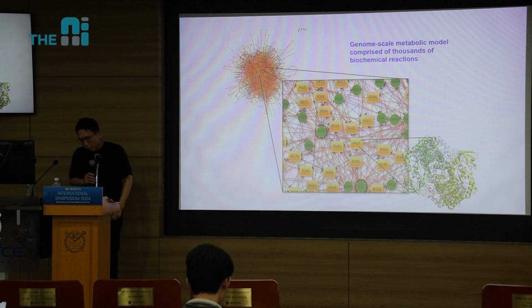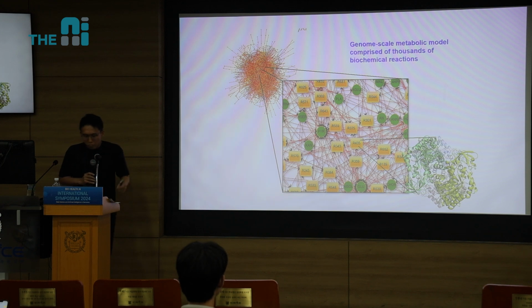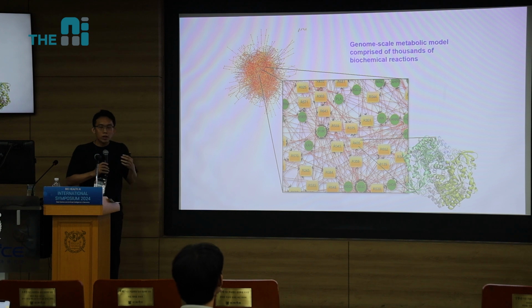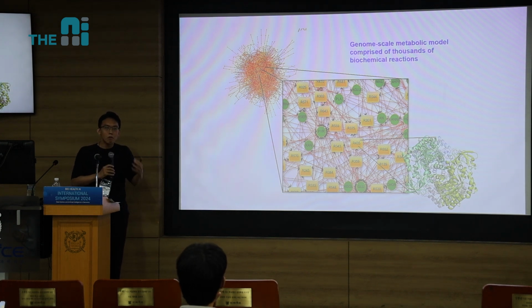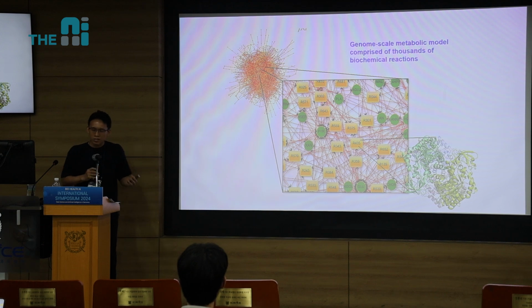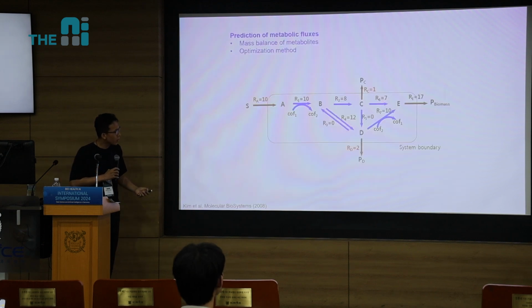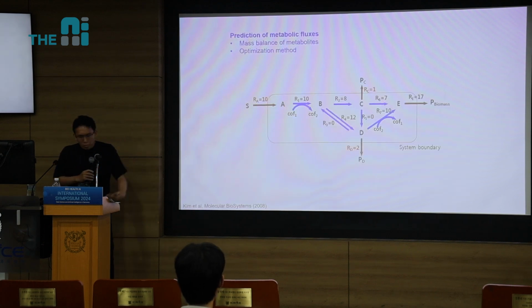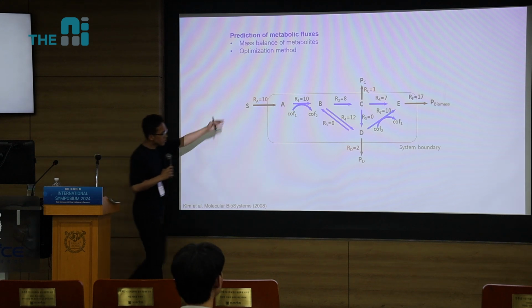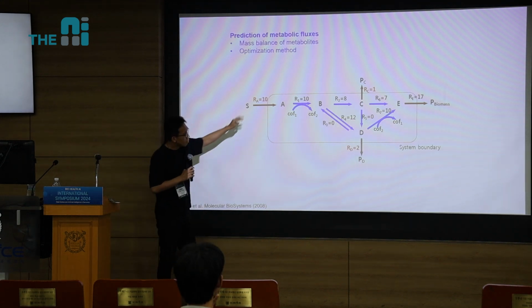For those of you who may not be familiar with the metabolic model, this is a type of mechanistic model, more like a metabolic network model. It contains information on the entire set of metabolic genes available in a cell. Its output is very straightforward. Let's say this is the cell boundary or cell membrane.